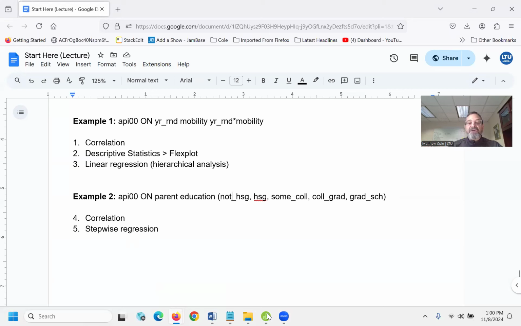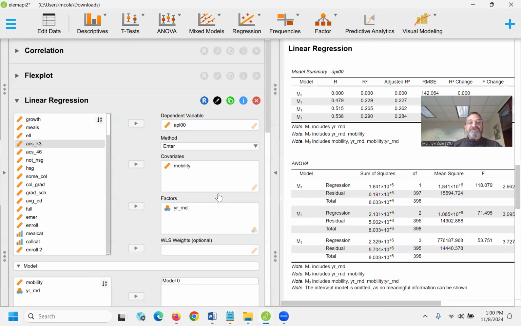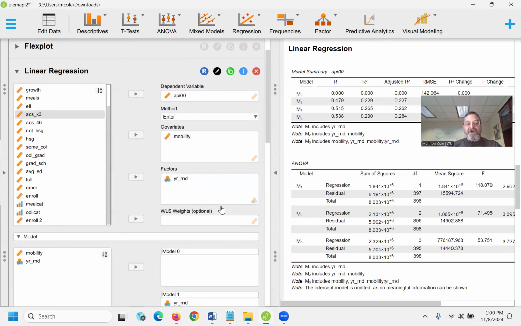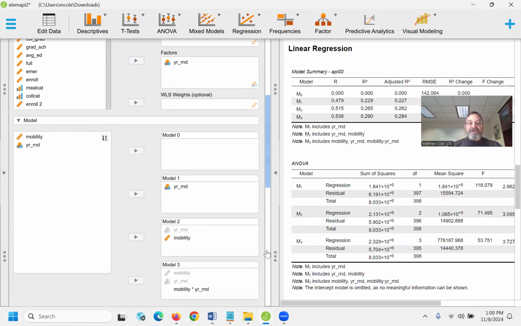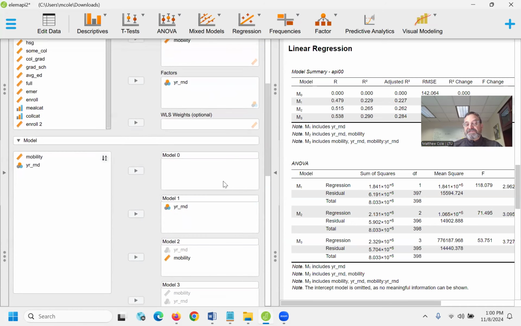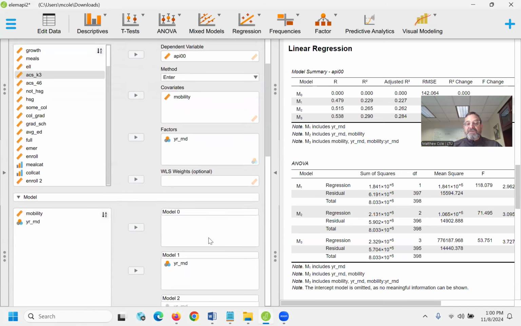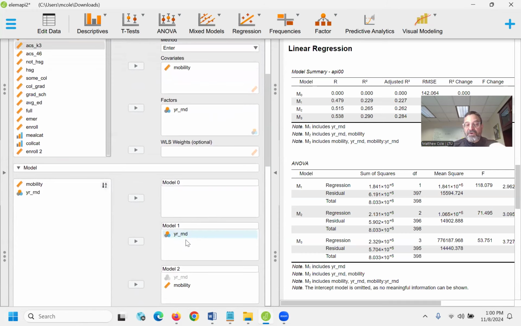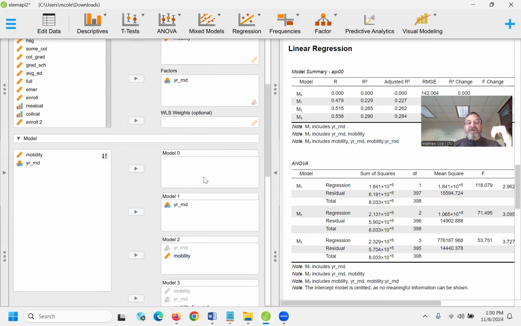Now, I will say where hierarchical is particularly important is, let's say that now that we check mobility, we wanted to control for year round. We want to keep year round as a constant. And now we're going to try some other variables.